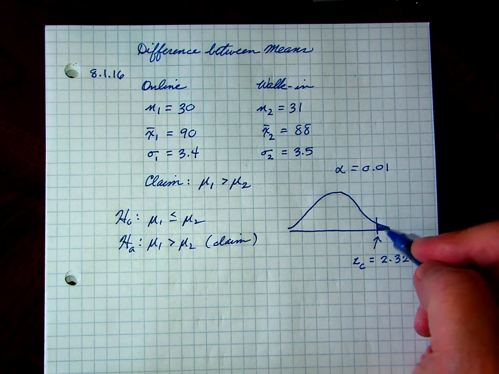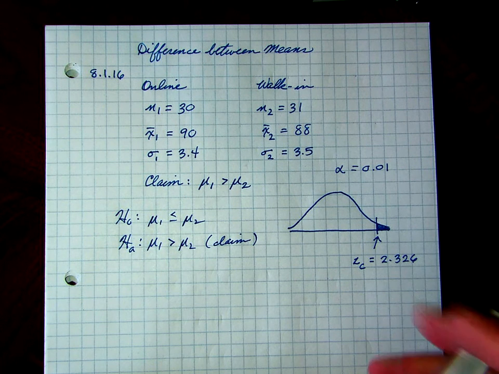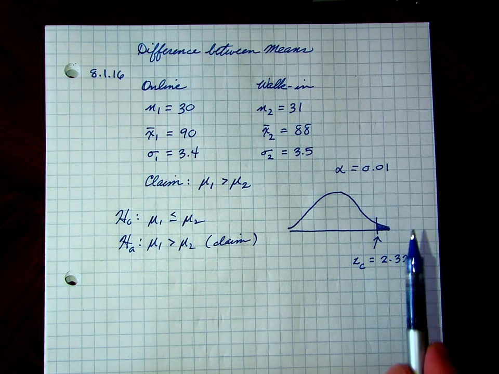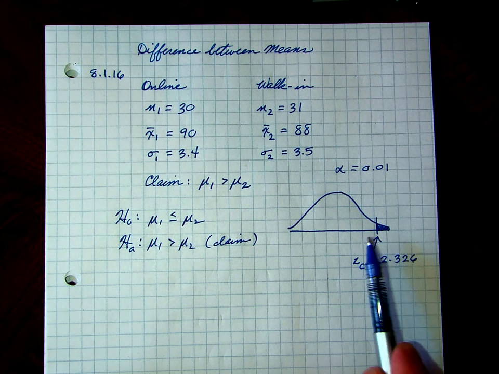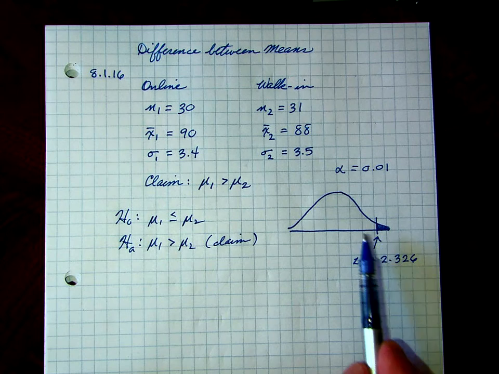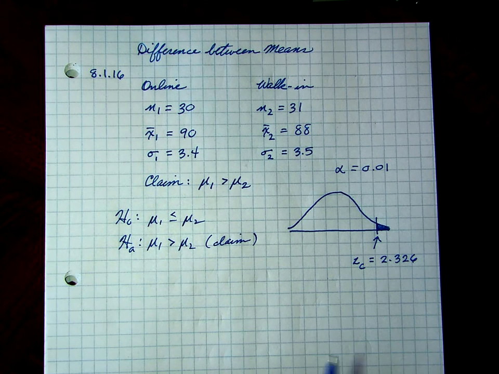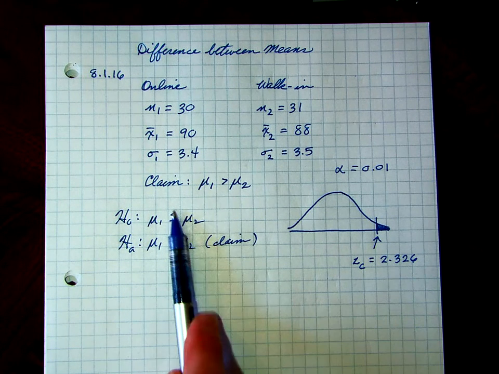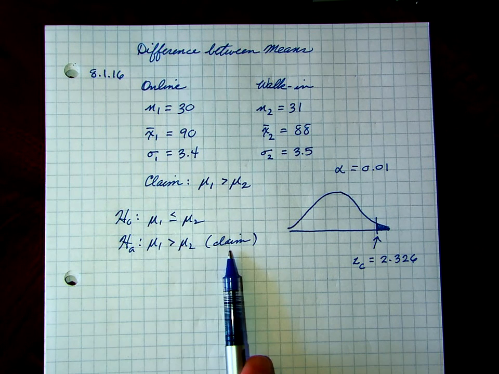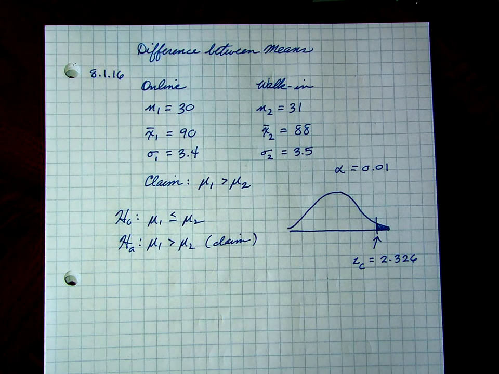Okay, so here's our 1% area, and as long as we get a statistic that's below this critical value of 2.326, then we do not reject the null hypothesis. And if we don't reject the null hypothesis, that goes contrary to the claim. All right, so let's check.